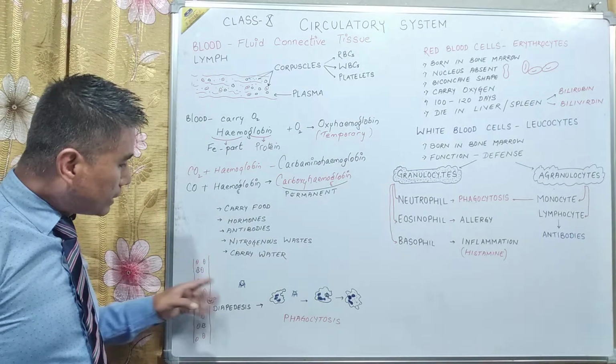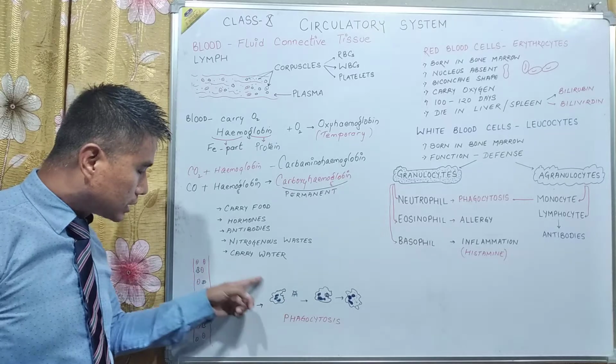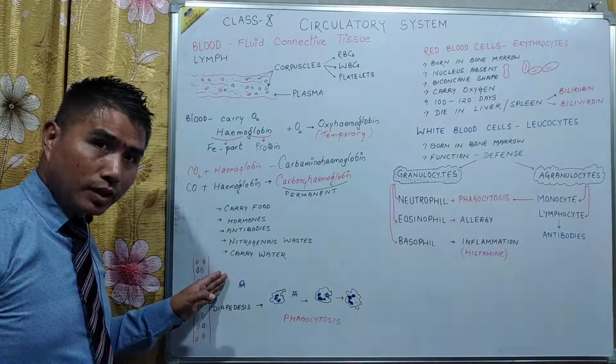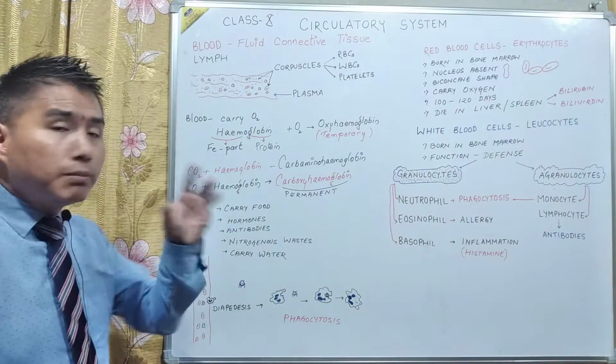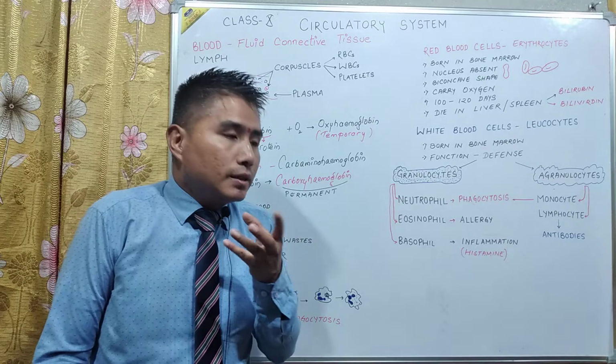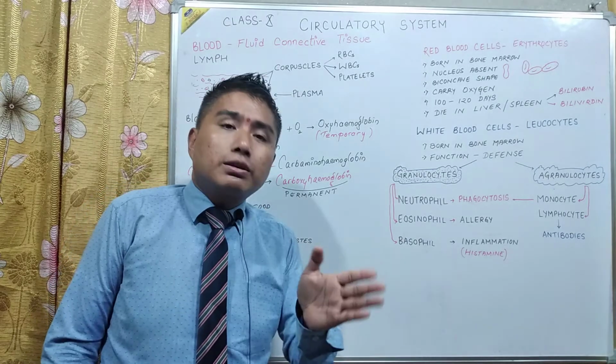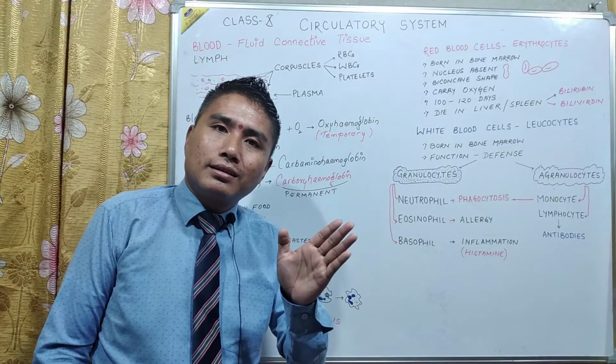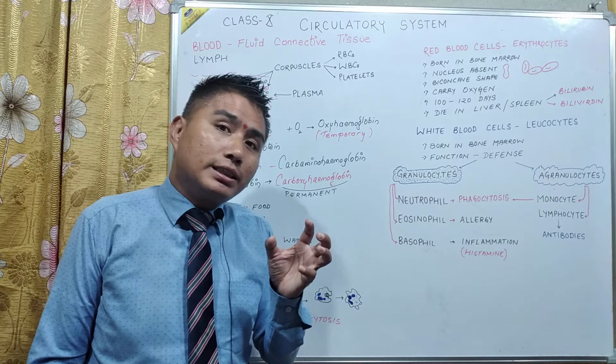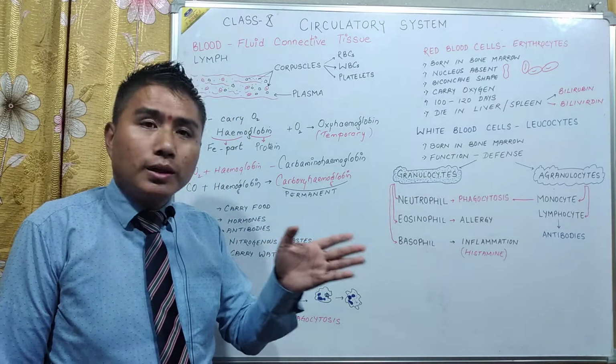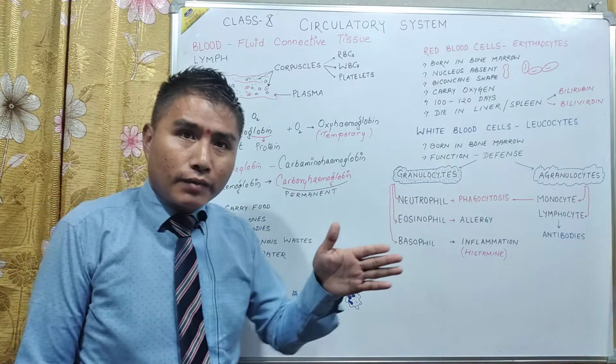If there is a germ somewhere around the blood vessel, then WBC has the ability to squeeze out of the blood vessel. It has amoeboid movement.